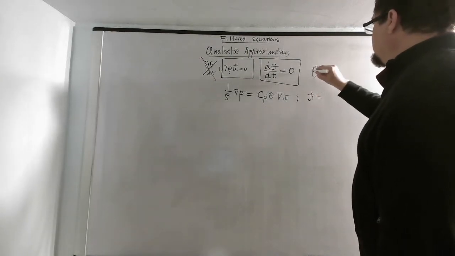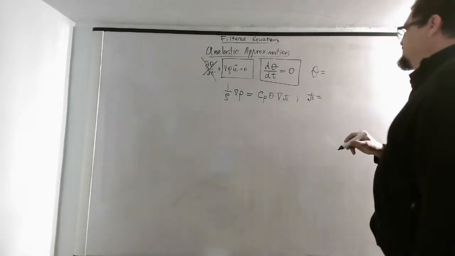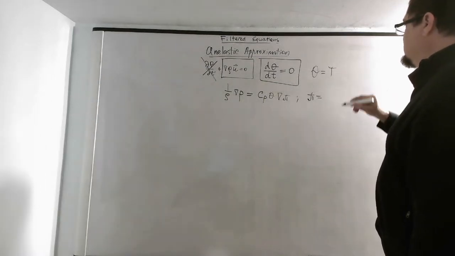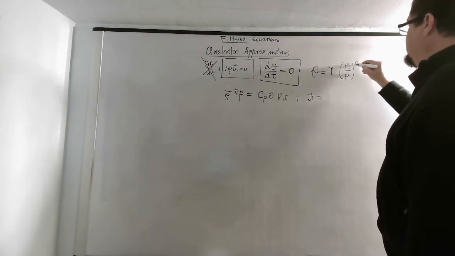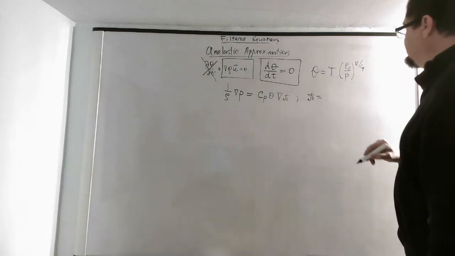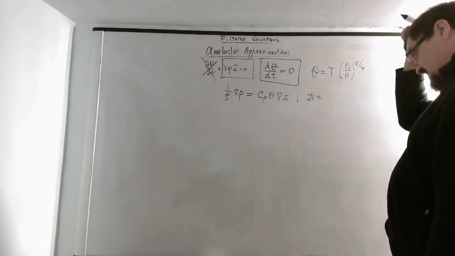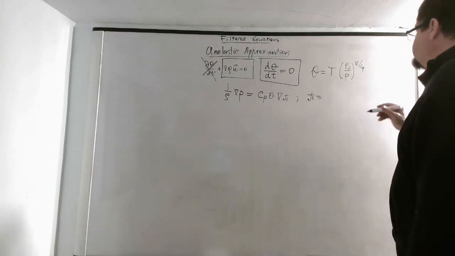First of all, let's remember what potential temperature is. Potential temperature is T, temperature, times P naught over P to the power R over Cp. You know that. P naught is just a reference pressure, 1000 millibars, for example.